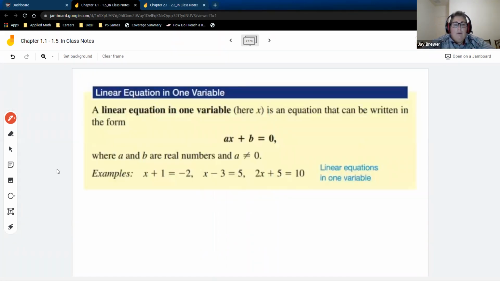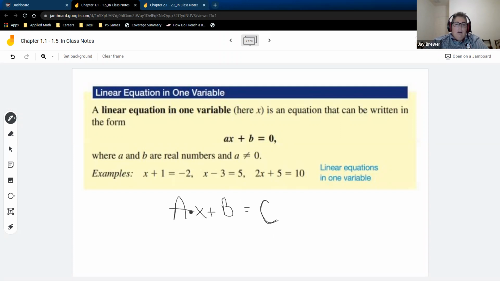Okay. What you're doing here is you're just going to take a look at the definition for a linear equation in one variable. Your textbook likes to use this ax plus b equals 0. When I was learning intermediate algebra, college algebra, I was always taught ax plus b equals an unknown constant c, or a known constant c.